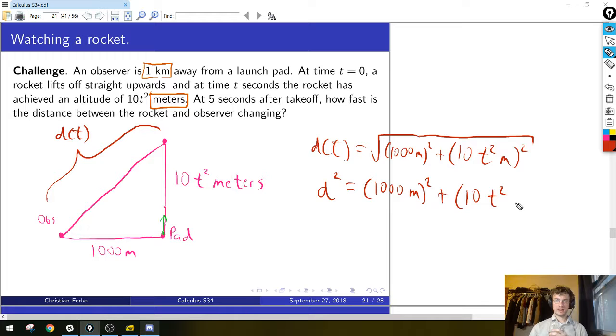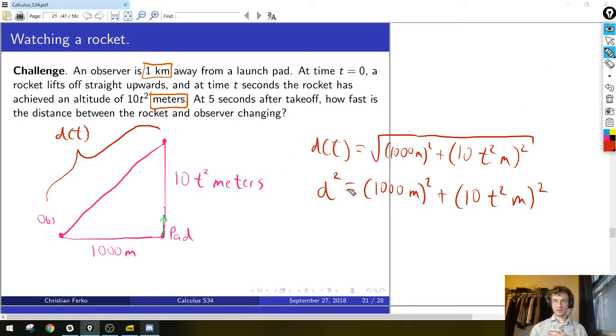I'm going to start dropping the units in the next line, but for now this is still meters squared. The reason I write it this way is because it's easier to take the derivative of the left and right sides of this equation when they only involve powers instead of square roots. So both are fine, but I like the easier one.